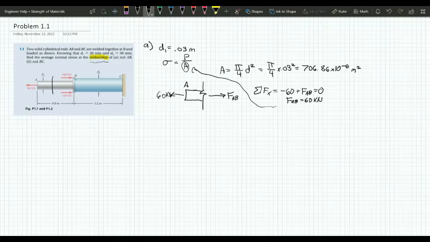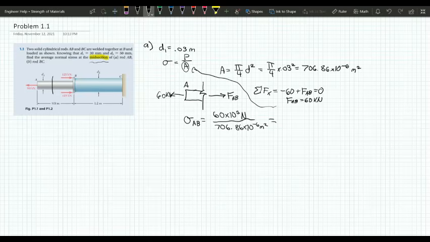Alright, so now we have everything we need to plug into this equation right over here. So sigma AB is equal to 60 times 10 to the third, because it's kilonewtons and we want it to be in newtons, divided by 706.86 times 10 to the negative 6 meters squared.